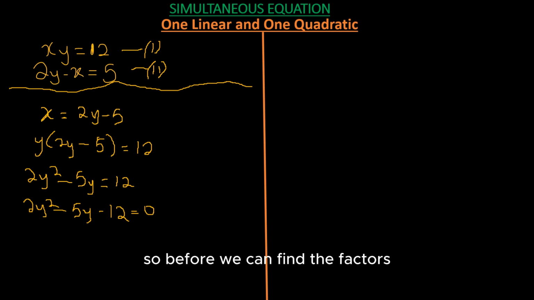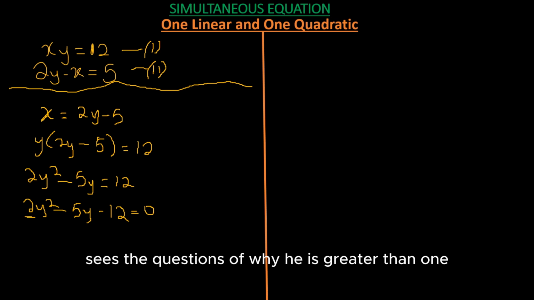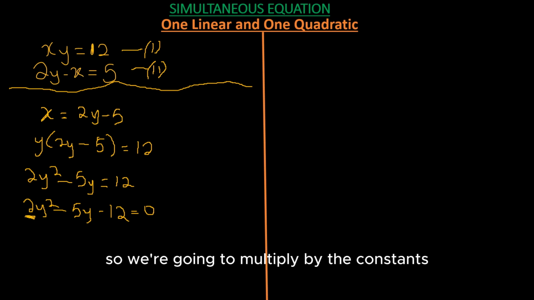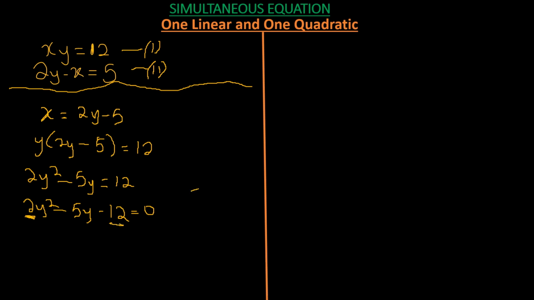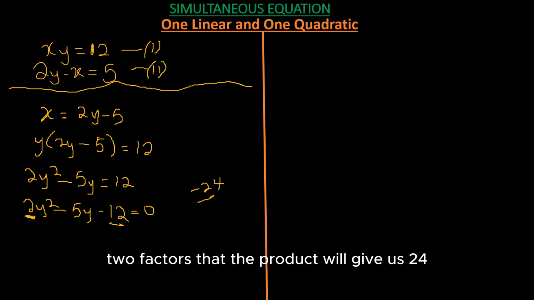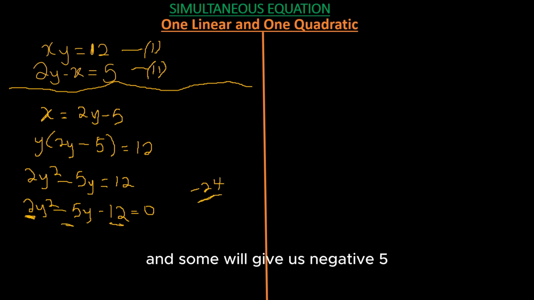So before we can find the factors, since the coefficient of y here is greater than 1, we're going to multiply it by the constant. So that will give us 2 times 12, which gives negative 24. So we are looking for two factors whose product will give us negative 24 and the sum will give us negative 5.